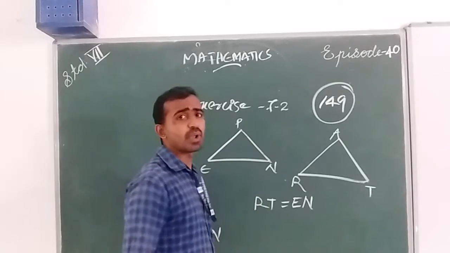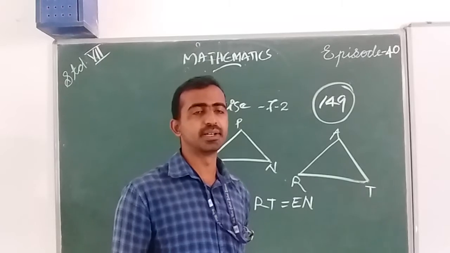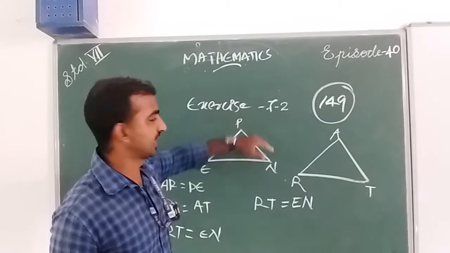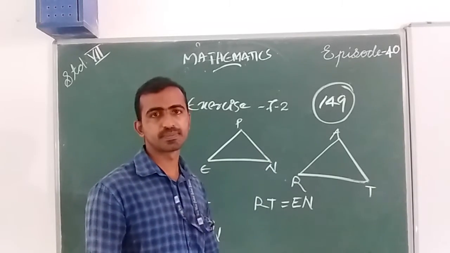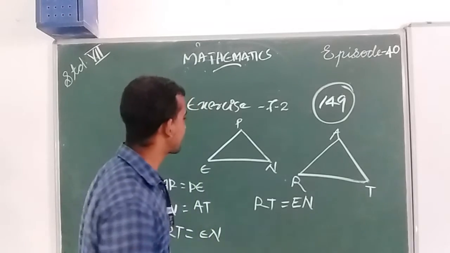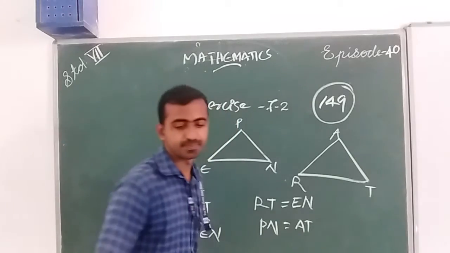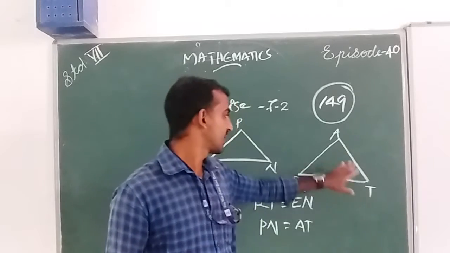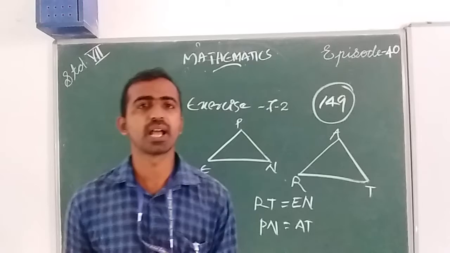That is, we have SAS, side, included angle, side. Here we take this side, then you must take this side, and this is our included angle. So PN equal to AT. And C part is for your homework. When you follow it like this, you get the correct answer.